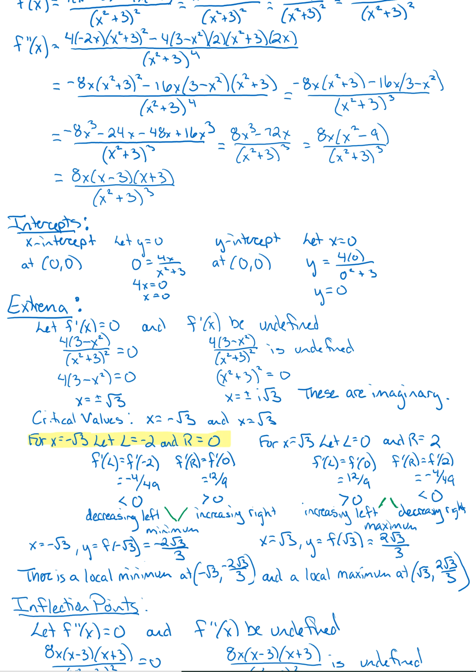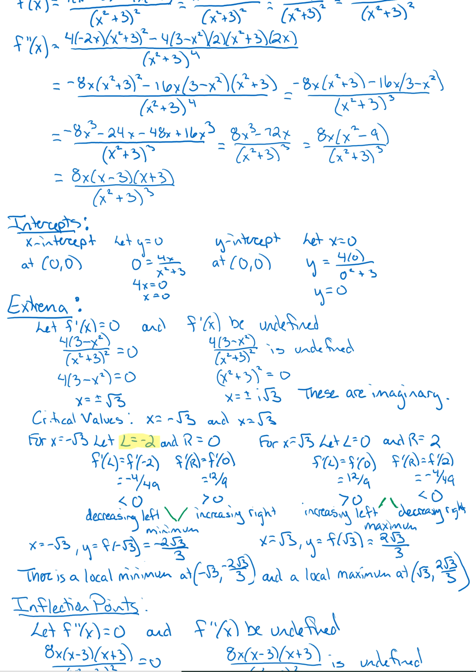I do need to be careful. I don't want to go so far as to pick something that goes past the other critical value. So I can't pick something like positive 2 because that would pass up my other critical value. So these left and right values have to be in between the critical values.